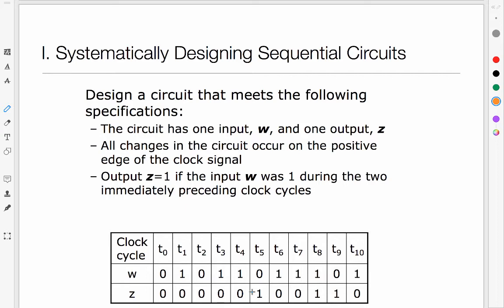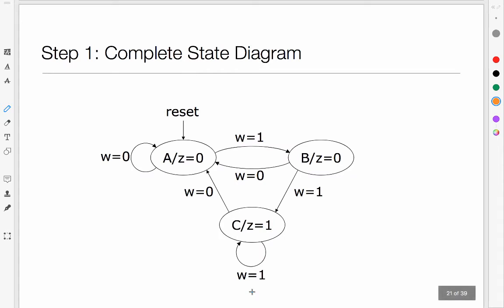So how do we approach something like this? On reset, we start in the start state, A, and Z is 0 because we haven't seen anything. Some of you seemed to struggle with the concept that if we don't know whether the input is 1 or 0, then I need 2 FSMs.